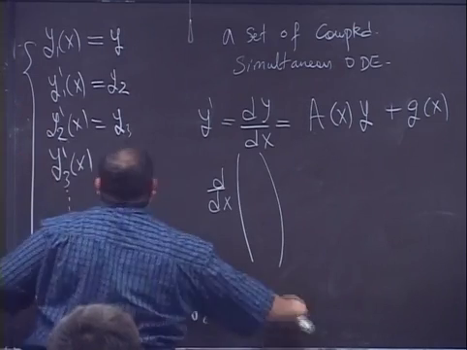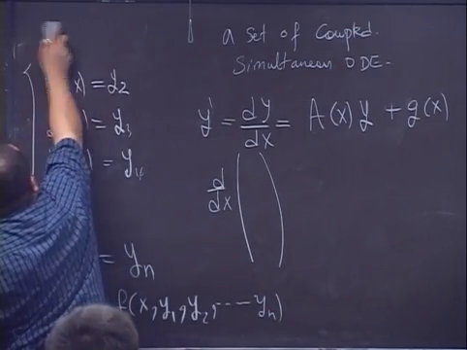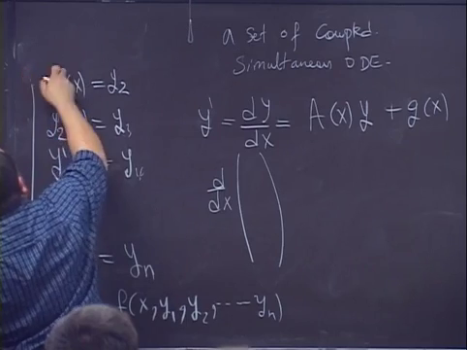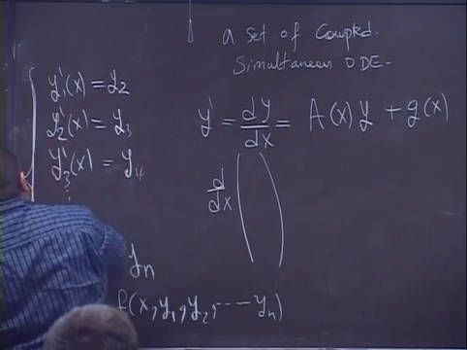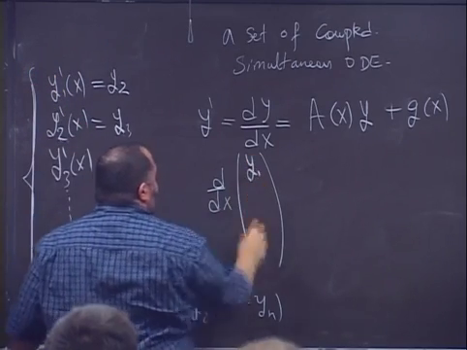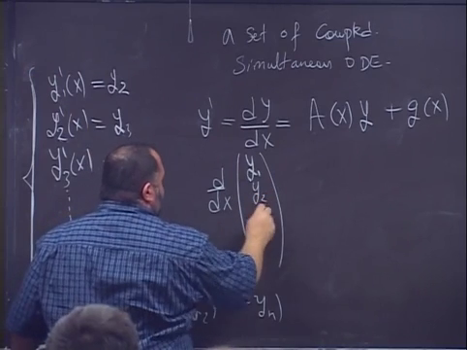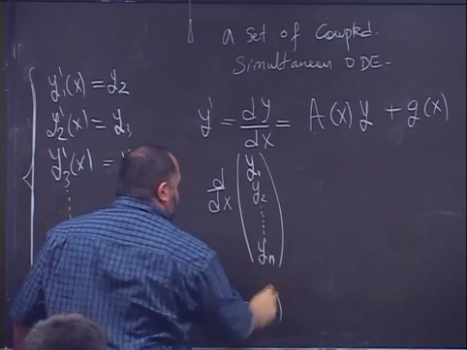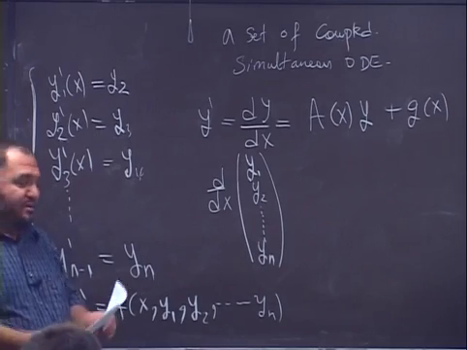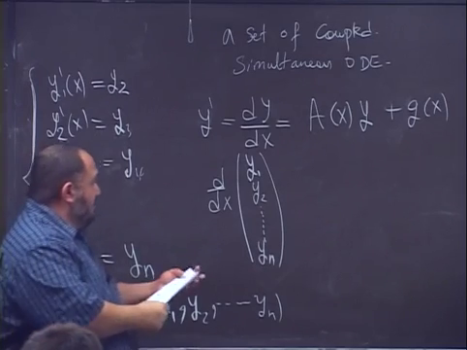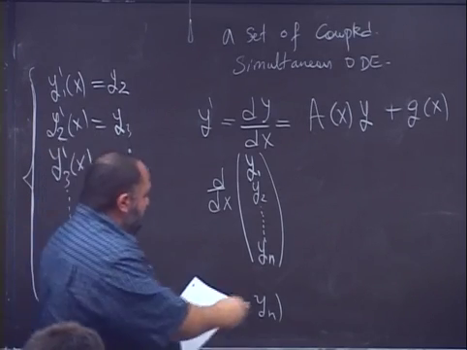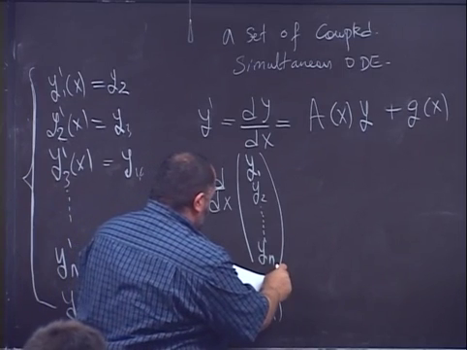Of course, we can remove this one because it does not have the derivative on it. It has just the definition of y. So this is y1, y2, up to yn. Actually, this should be n minus 1 or n.